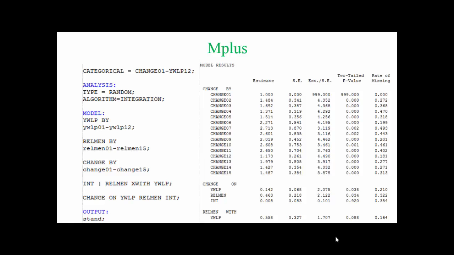So we've got our latent factors here formed by the by command. By is how you parameterize a CFA, measured by these items. But here's the key command right here, int bar relmin xwidth ywlp. Well, I'm going to form a variable on the fly in the analysis model called int or interaction, and this bar is Mplus keyword notation for measured by, so I want an interaction term measured by relative mentorship interacting with YWLP participation.